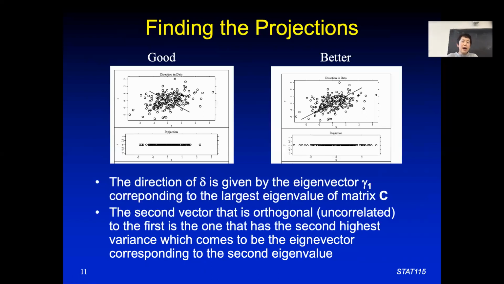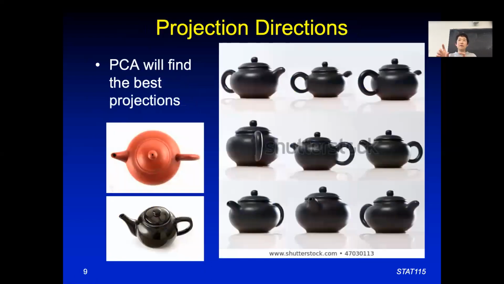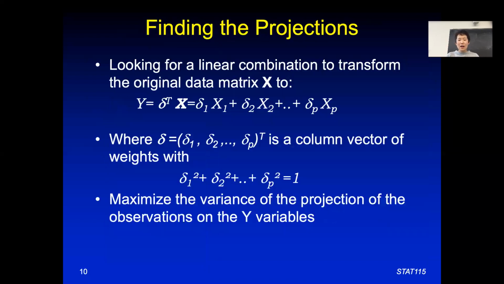So you can imagine the weight that you give to each gene is the angle you picked to look at the teapot. Because if it's a unit vector, you can imagine in a 3-dimensional space, X, Y, Z, the coefficients you give will determine the projection direction, right?